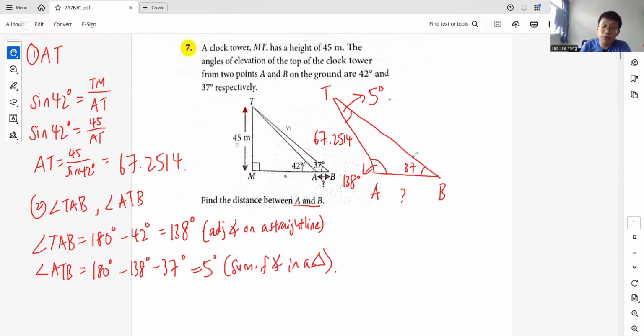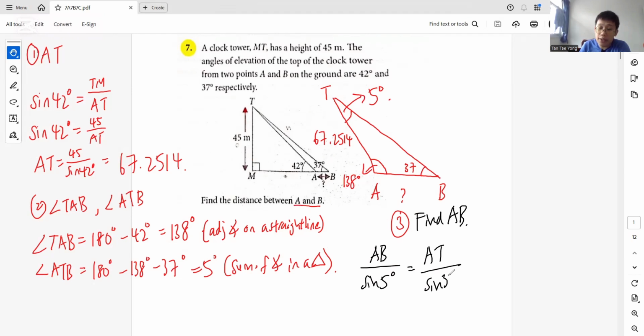Now we can use the sine rule to find AB. Point number 3, we can find AB already. So AB over sine 5 degrees equals AT over sine 37 degrees.